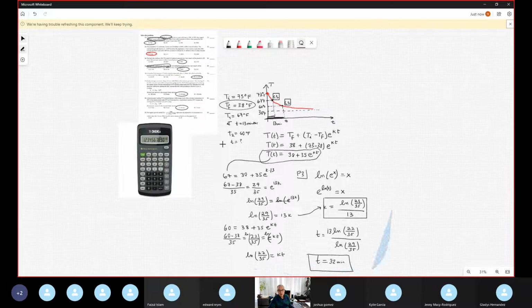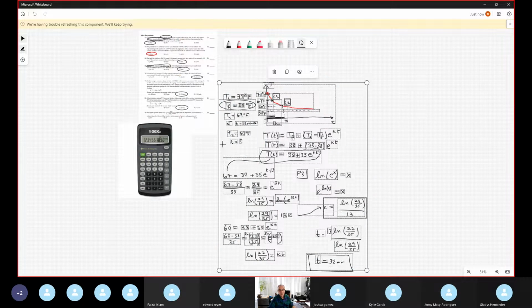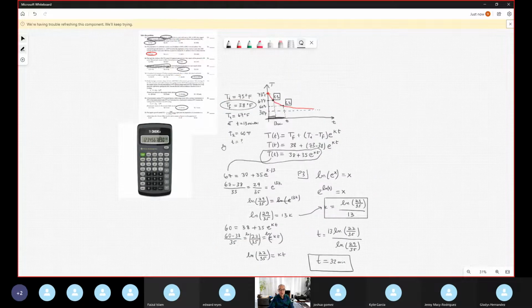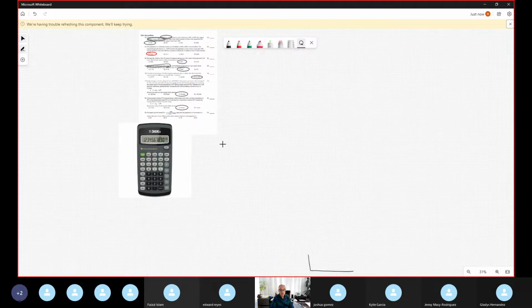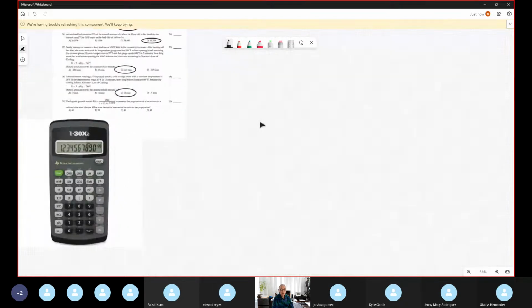Now, the next problem is an application about the logistic model. The logistic model is different. It's about population, but it's another law.